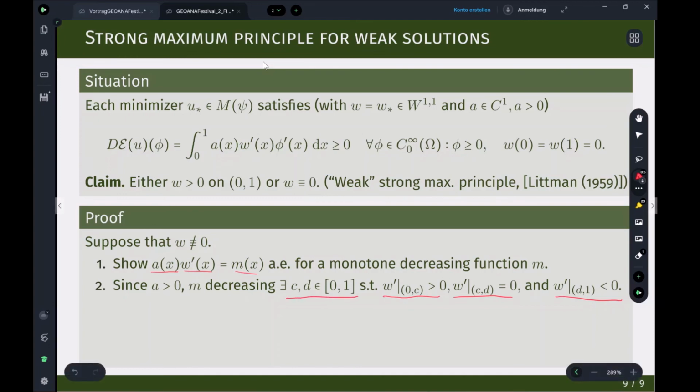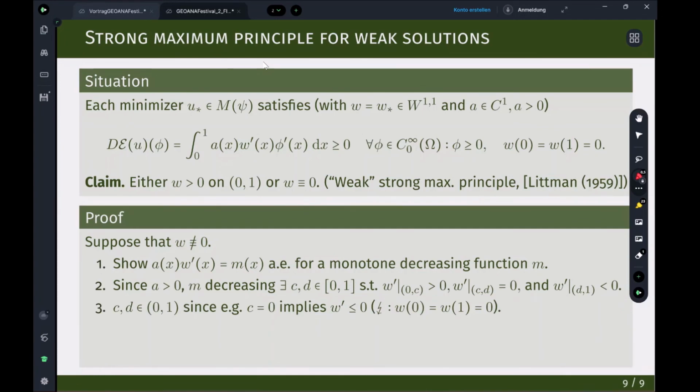That's why we choose here C and D, so the boundaries of those regions, to be with 0 included and also with 1 included. And then what one can however show is that the positivity region and the negativity region are non-empty.